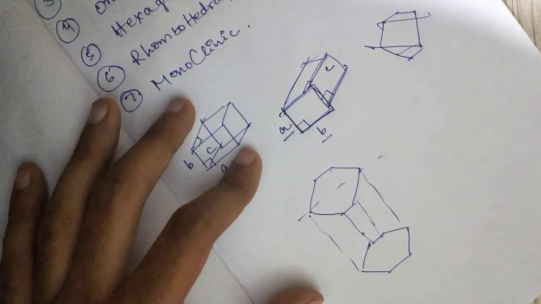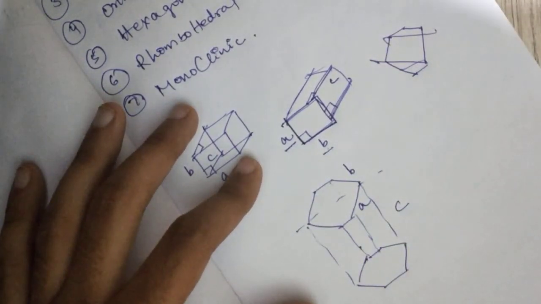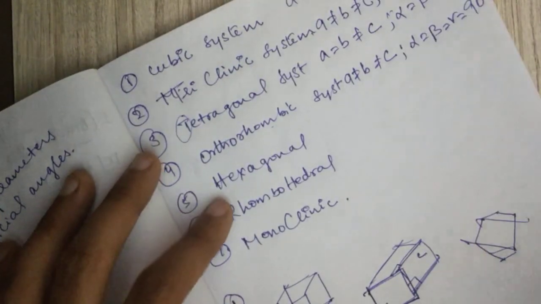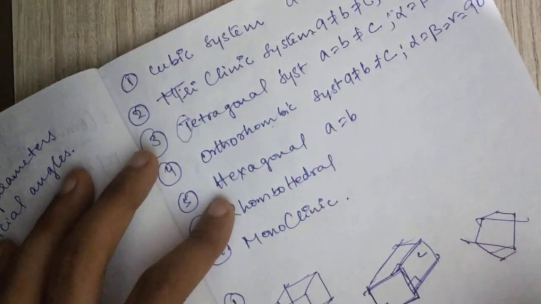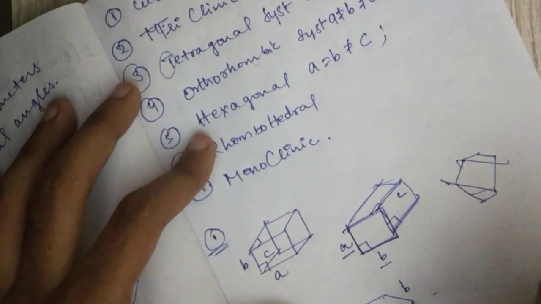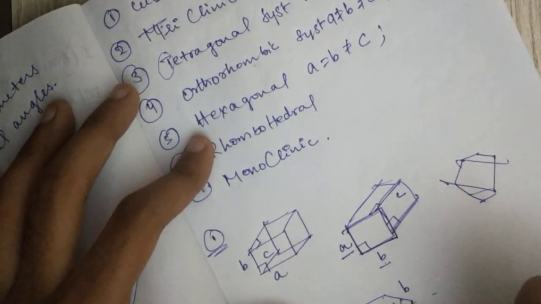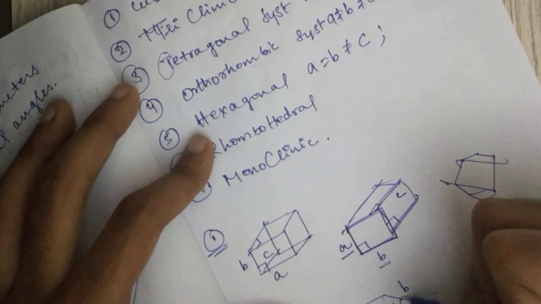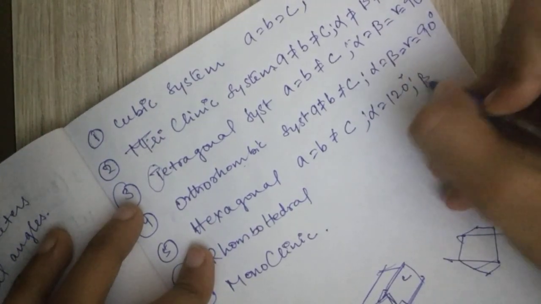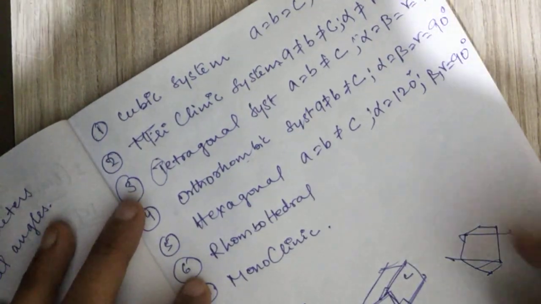In this way the hexagonal system will be. This will be A, this will be B, and this will be C. In the hexagonal system, A and B are the same, A equal to B, but C is different. Alpha equal to 120 degrees, and beta and gamma are 90 degrees. This is the hexagonal system.